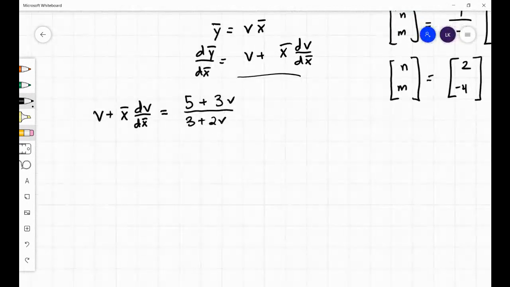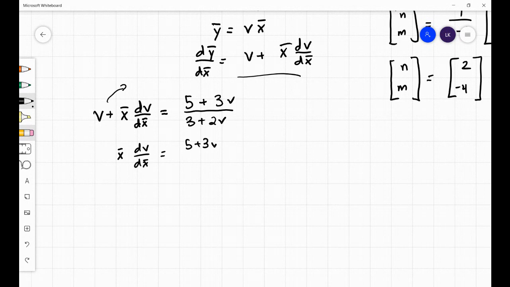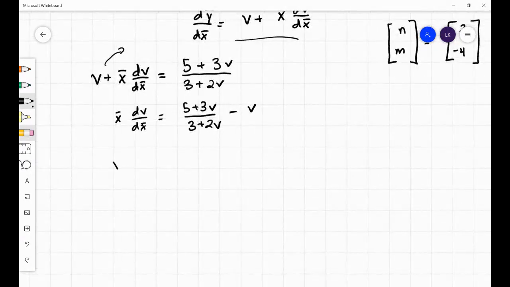Okay, and this is separable, so I'll first move over the v to the right, and I'll combine these two terms by finding a common denominator.